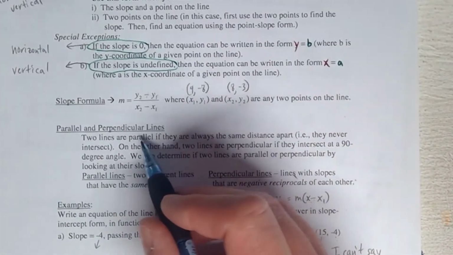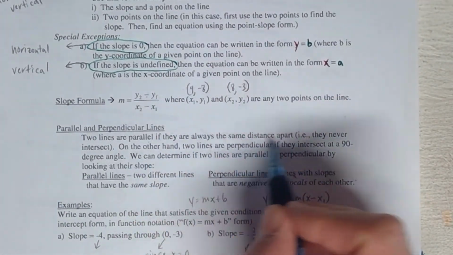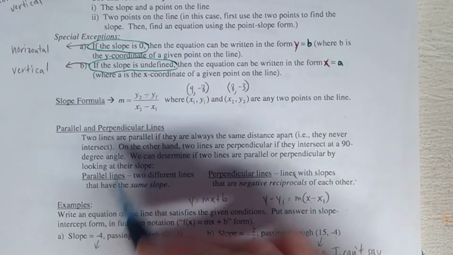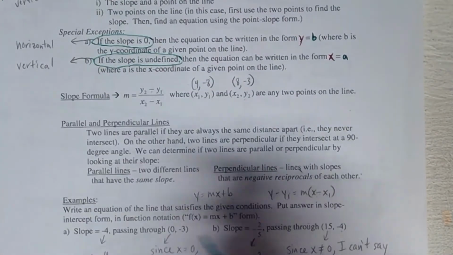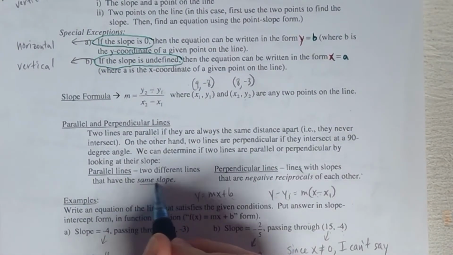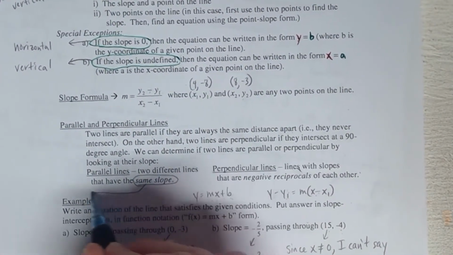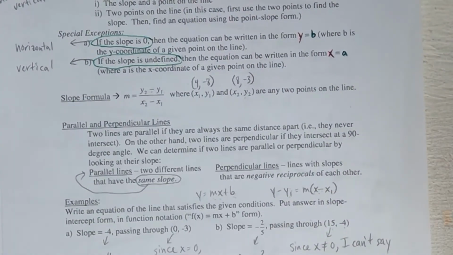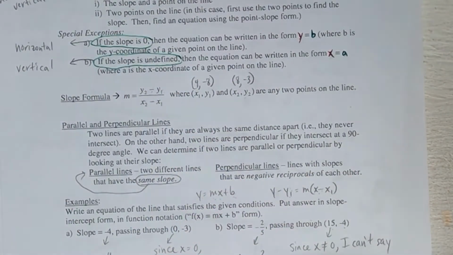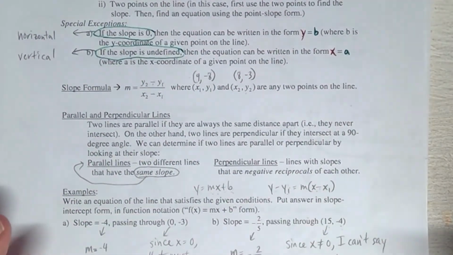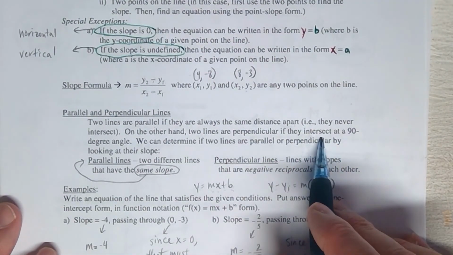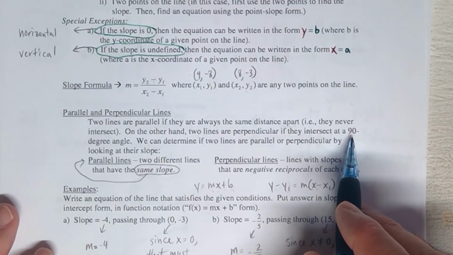First of all, two lines are parallel if they always are the same distance apart. They never intersect. But in terms of slope, which is what we're talking about in this section, the slopes are the same when you're doing parallel lines. Perpendicular lines are different, though. Just to let you know from a visual standpoint, perpendicular lines don't just intersect, they intersect in a special way.